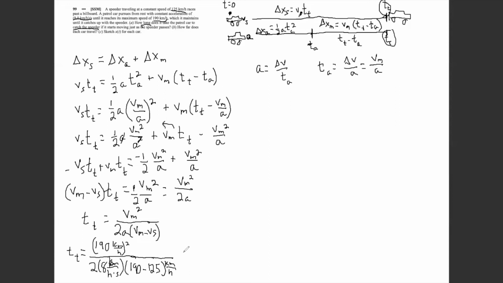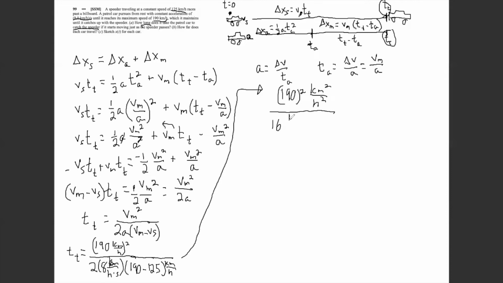So let's go ahead and I'm going to bring that up here. And that is 190 squared, kilometers squared per hour squared, over 2 times 8, that is 16.